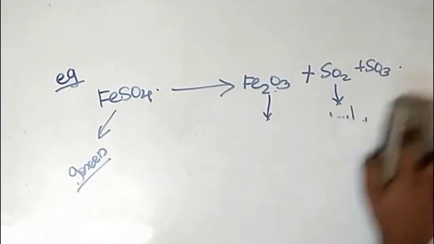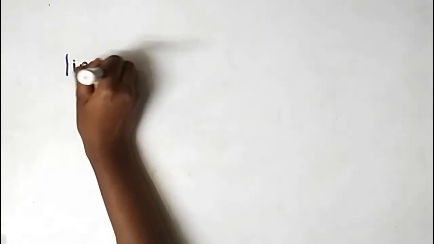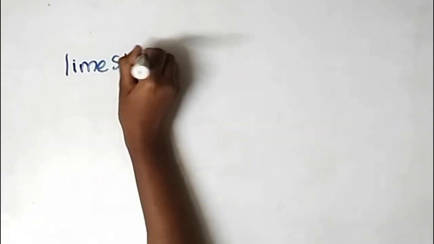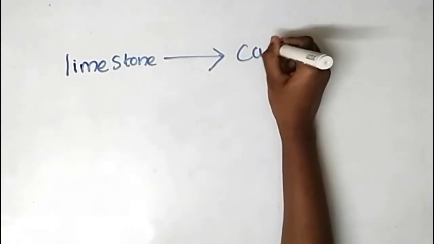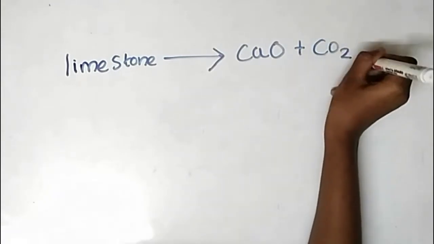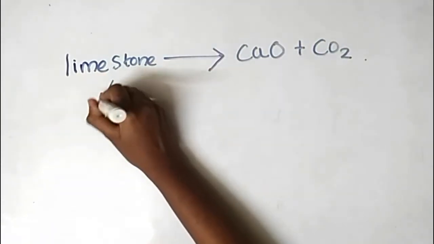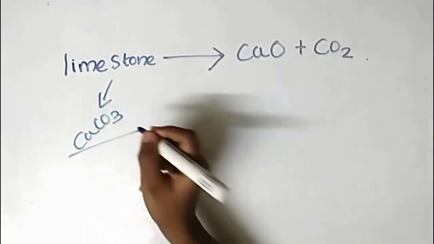Let us discuss some more examples of decomposition reactions. Another example is the decomposition of limestone. When limestone is heated, it decomposes to quicklime, that is calcium oxide, and it also gives carbon dioxide. The chemical formula for limestone is CaCO3, that is calcium carbonate.